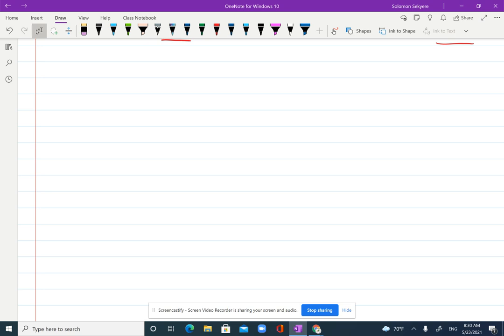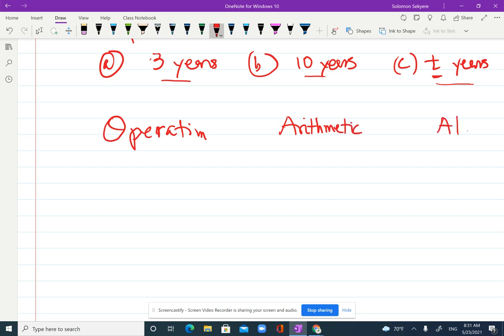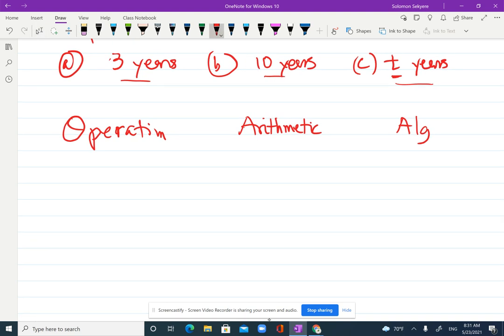Let me take you through this table and do some addition and subtraction here. This is the operation. In arithmetic, how do you write it? And then in algebraic expression.